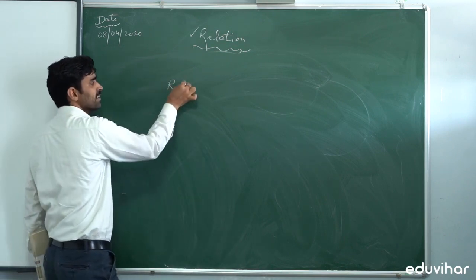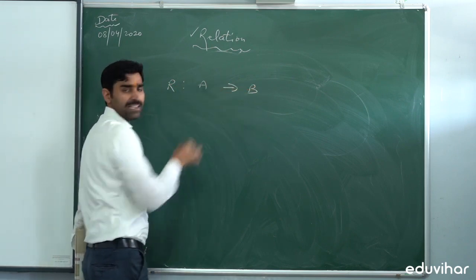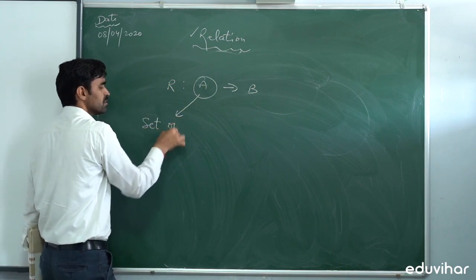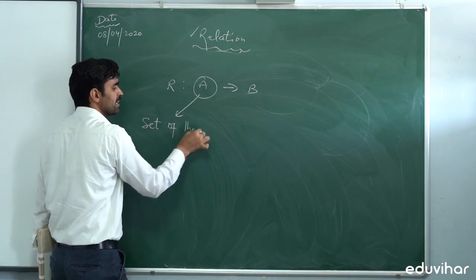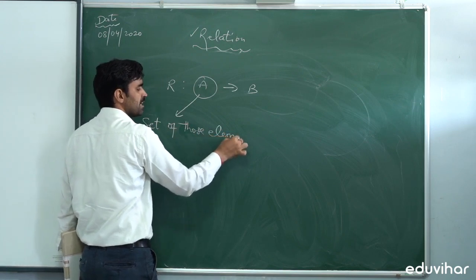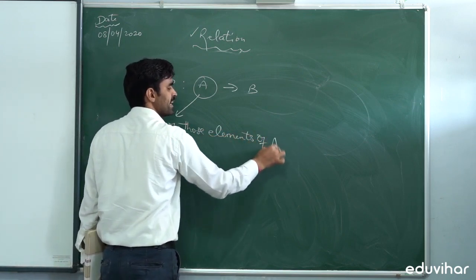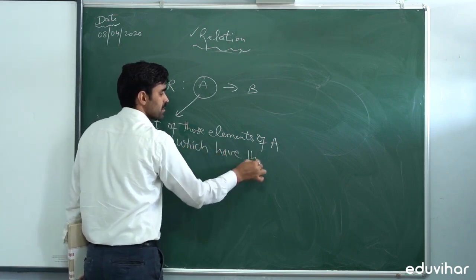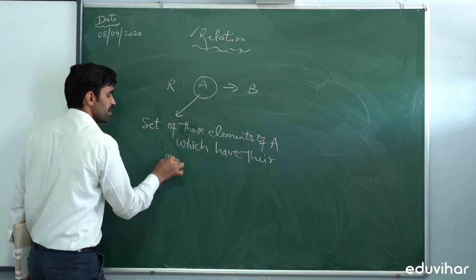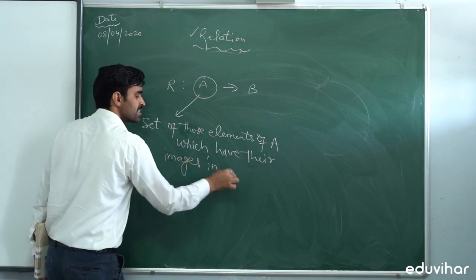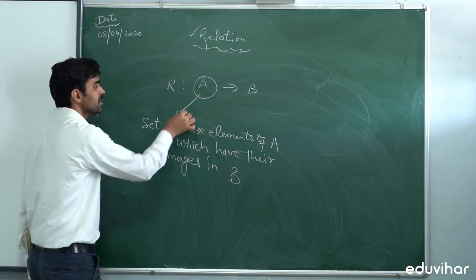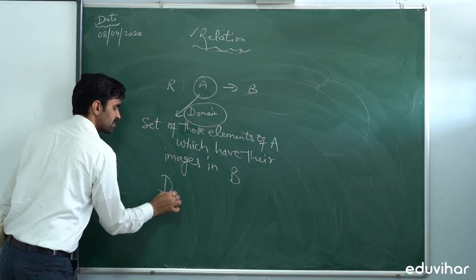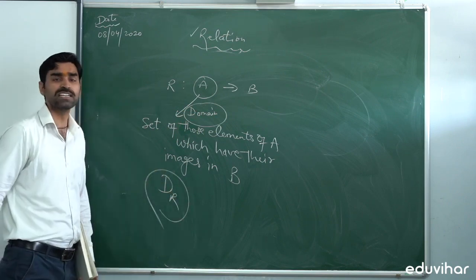As we say, relation goes from set A to set B. Then we can say the set of those elements of set A which have their images in set B are known as the domain of the relation.